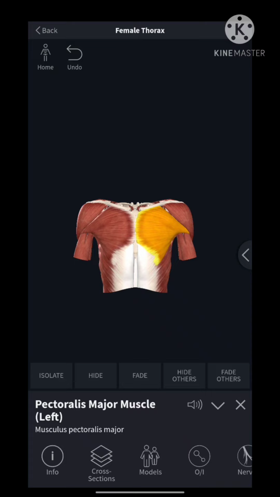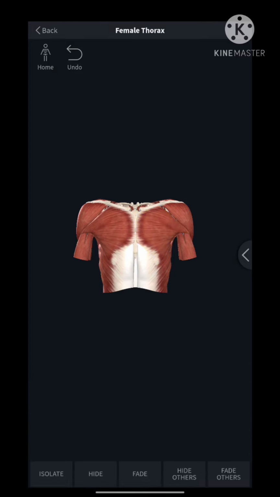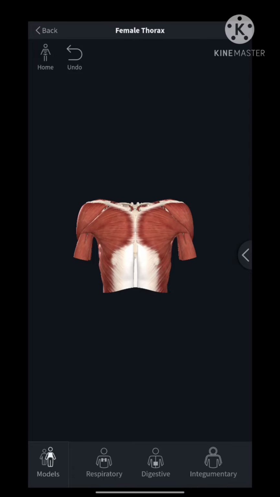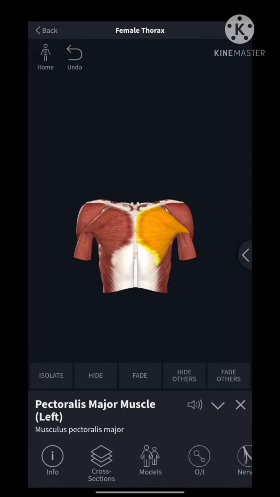So in order to provide support to the mammary gland, the pectoralis major muscle is present on the thorax cavity of a female as well as in males. But in females, the pectoralis major muscle supports the breast. This is the left pectoralis major muscle and this one is the right pectoralis major muscle on which the mammary glands are present.